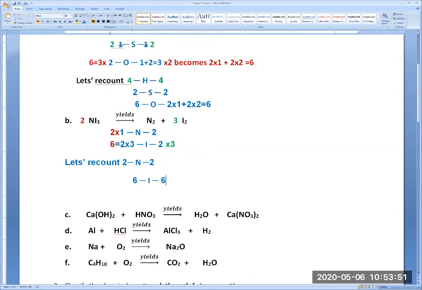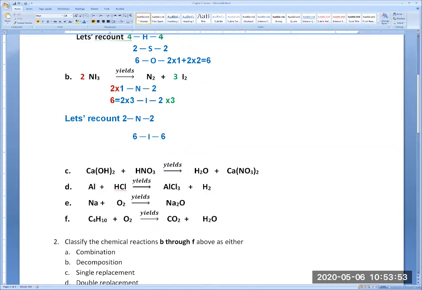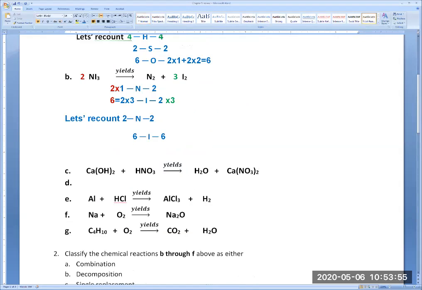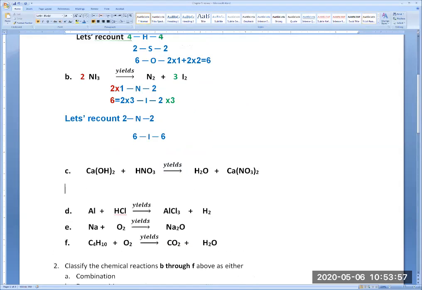Okay, so let's continue. So this is an example of an equation that has an ionic compound that contains polyatomic ions. Hopefully you see that. We have OH in parentheses, and there is a subscript 2 here that shows that Ca is calcium, and the OH is hydroxide, the hydroxide polyatomic ion.